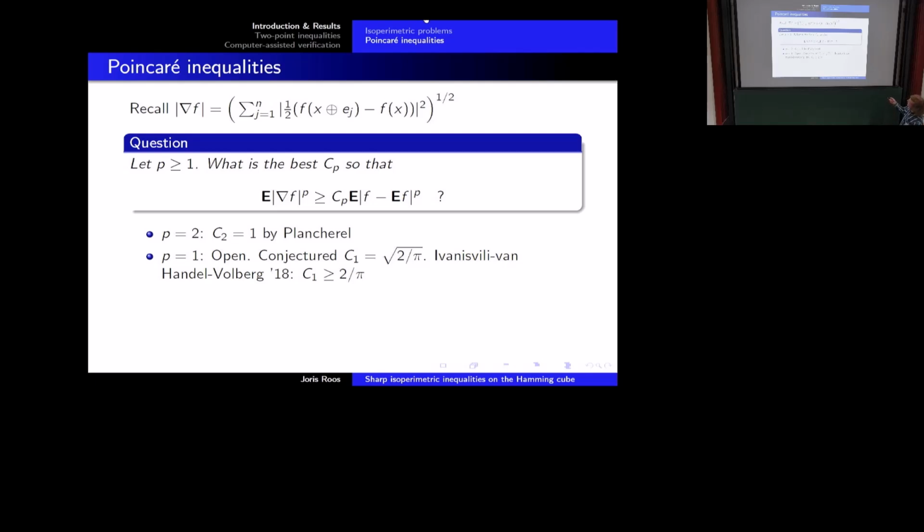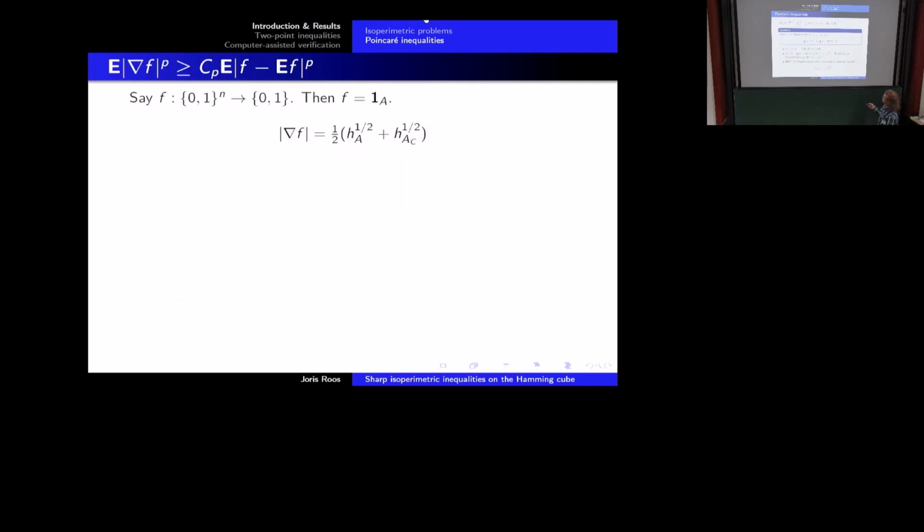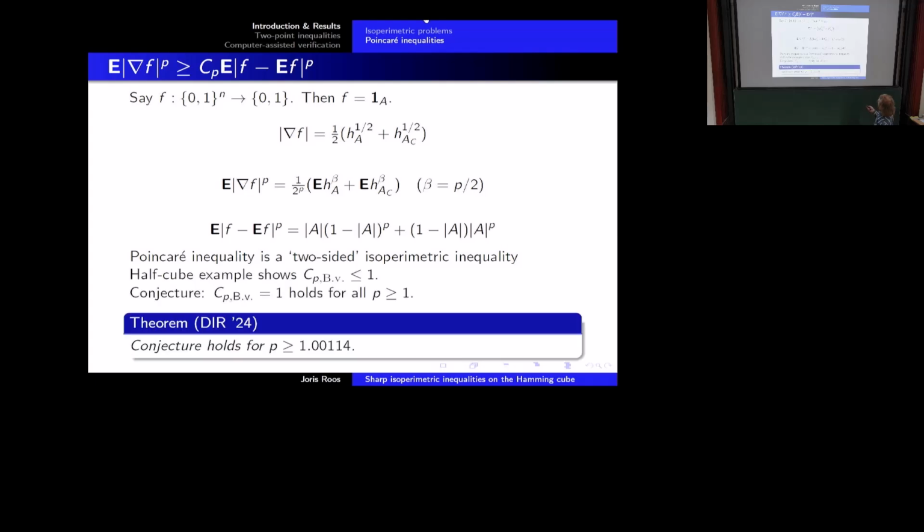The gradient just becomes a way to identify the boundary, and the expectation of the gradient to the p is then like this beta power of the edge counting function, except that p corresponds to 2 times beta. So you can just apply this and you get some other results. Here, what you want to do is get as close as possible to 1, and we cannot quite get there, but we can get to 1.00114 for a sharp constant.